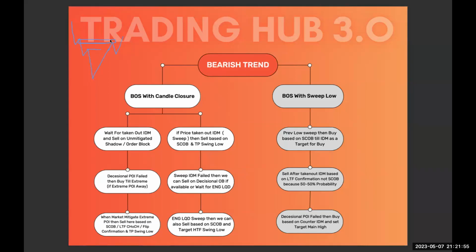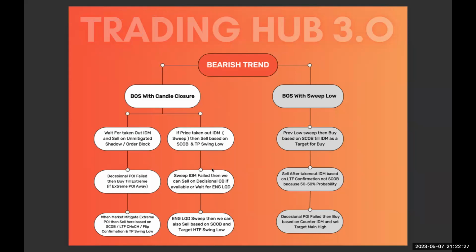It means this supply is not valid to hold this zone and market is looking for your extreme. And this one is your extreme, right? So simply market takes out this inducement and then you can buy till this one. And then you can sell here till this low and buy here for the counter trend, which I covered in a previous diagram also. So you can watch them again.